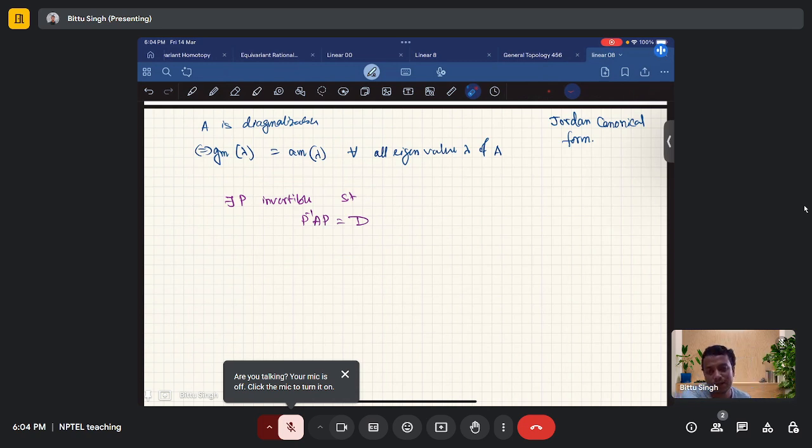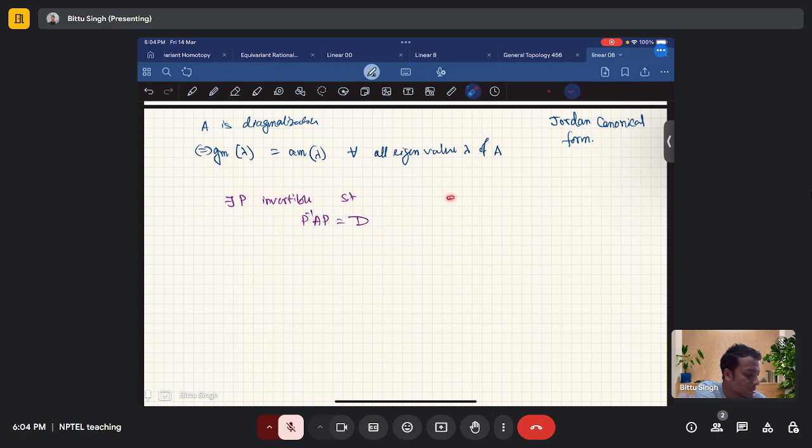This is because if something is diagonalizable, there exists a basis v1 up to vn for which the linear operator is easy to see: for example, Tv1 is c1 v1, Tv2 is c2 v2. So the expression of this linear operator is easy to study in this case, but this is not always true. So what can be done?